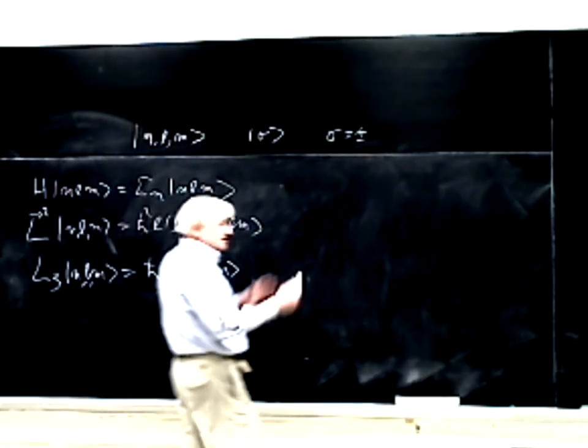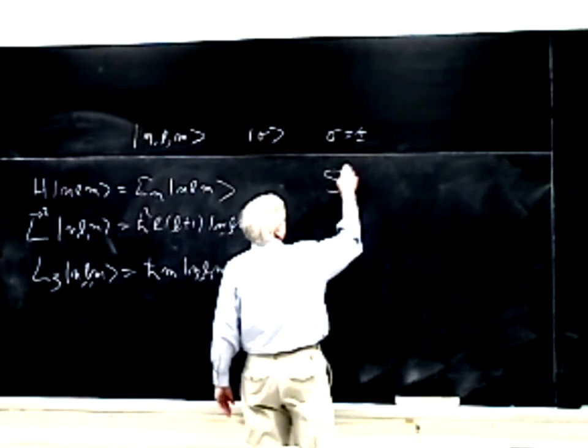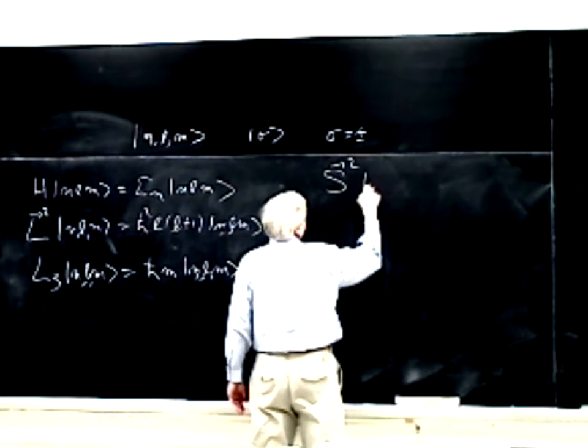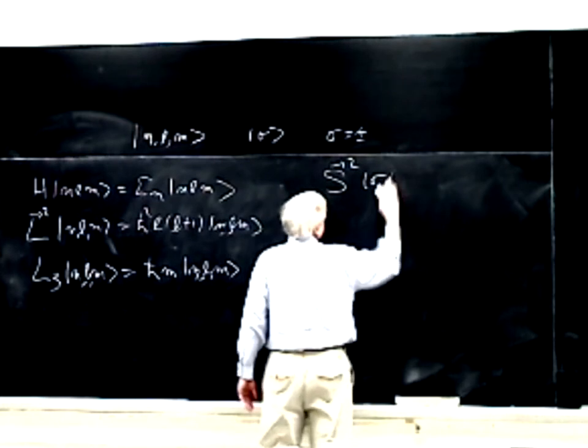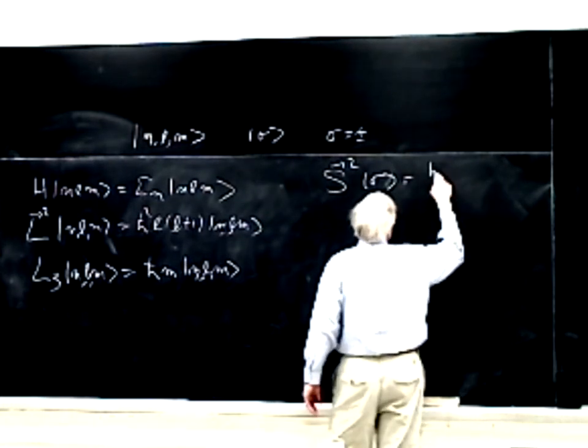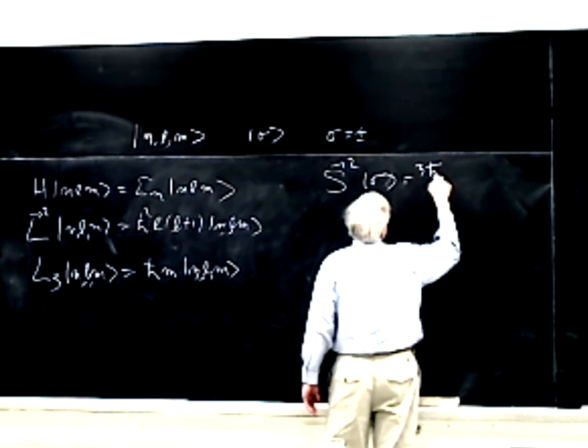On the other hand, the spin eigenstates are S squared on |σ>.